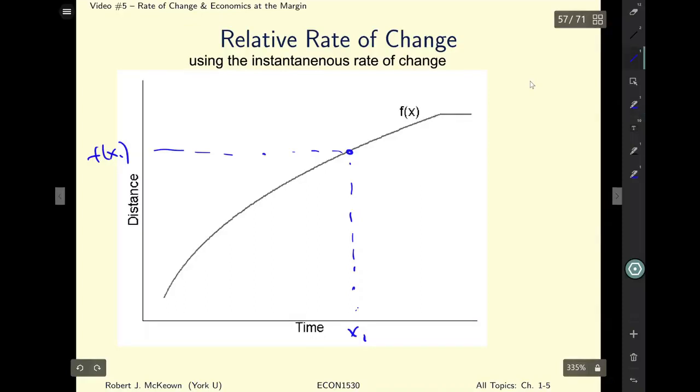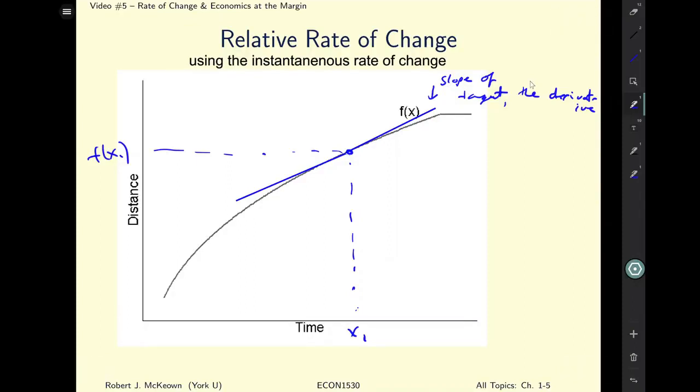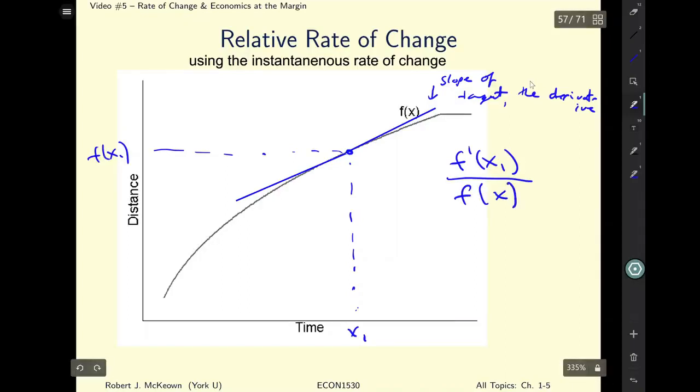The slope at this point is going to be equal to our slope of the tangent line, which is the derivative. And if we want to know the relative rate of change, we can say it's the derivative of f of x at x1 divided by f of x.